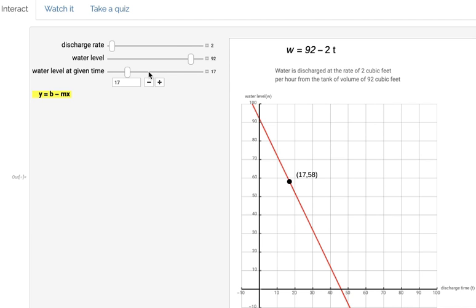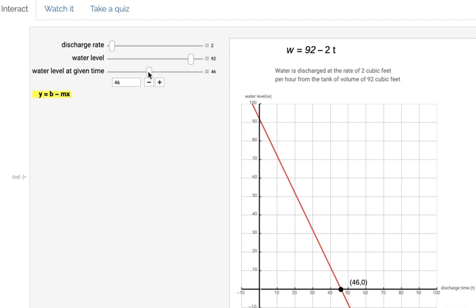Now let's move this point closer. Now the water is 0 when t equals 46.